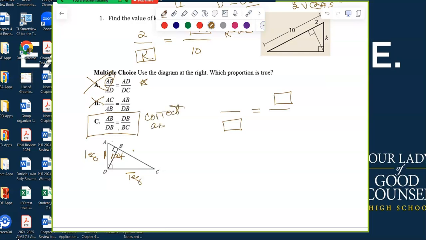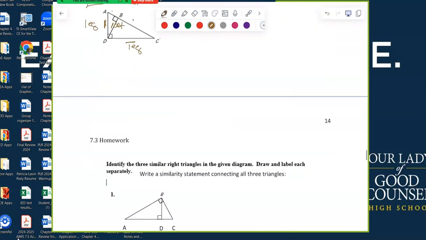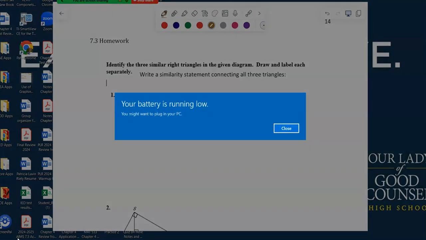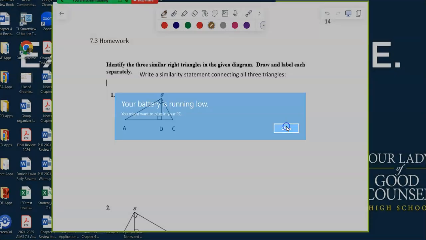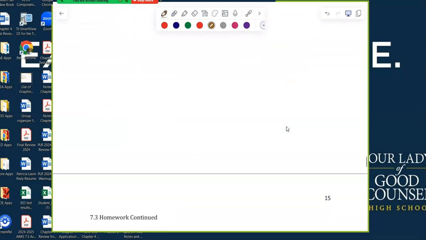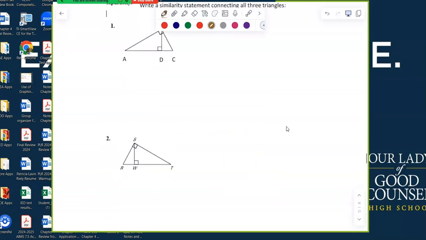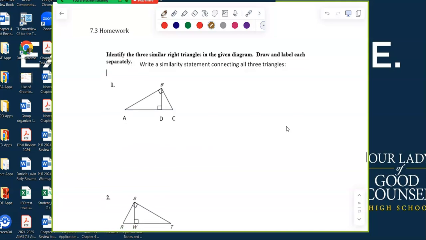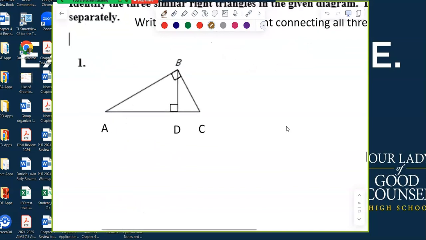Okay, so that's the end of the notes. You may need to look it over again very carefully and listen to what I'm saying. Let me tell you what is going on here. So we're looking at this and we're saying, okay, can I do this homework? Go back and look at my notes and see if you can figure out how to write similarity statements connecting all 3 triangles.